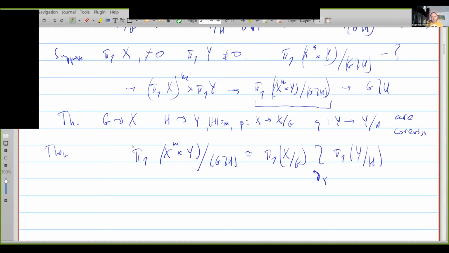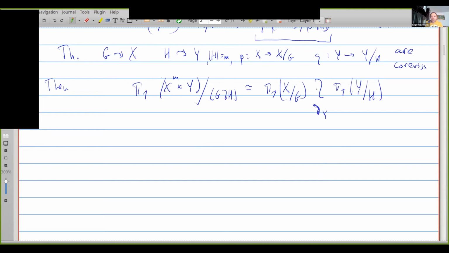So this fundamental group is also a wreath product, but with respect to a very special action, and this action is not effective. What does it mean? Recall that Q is a covering map.